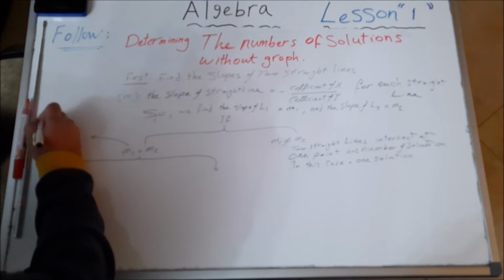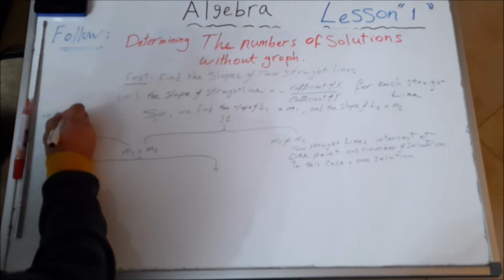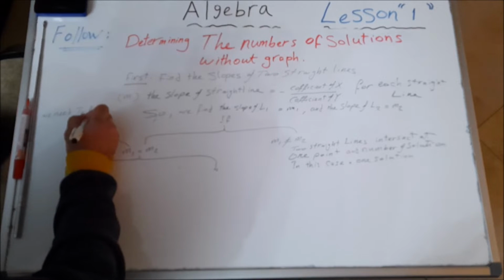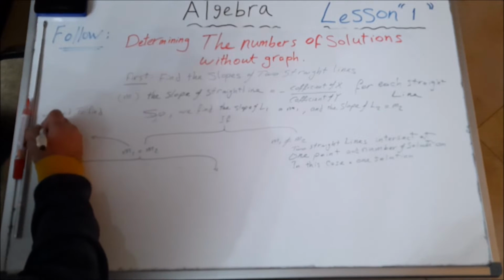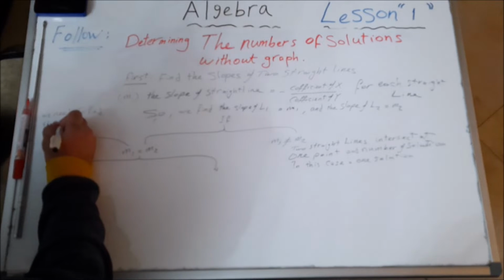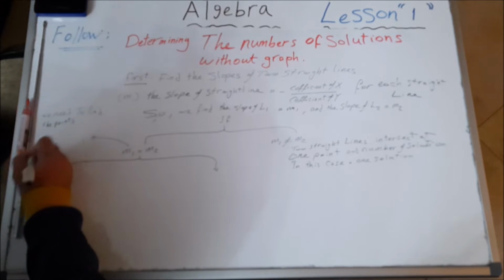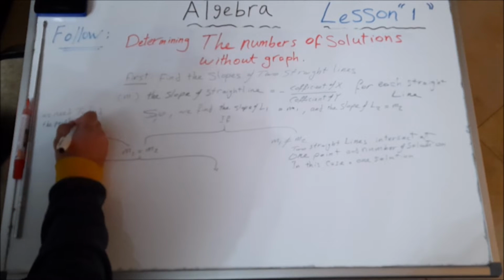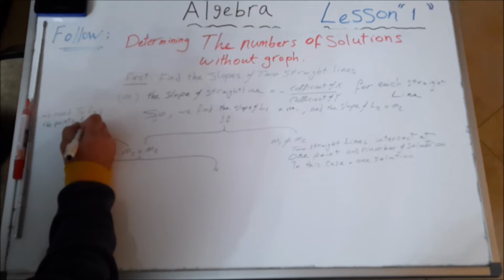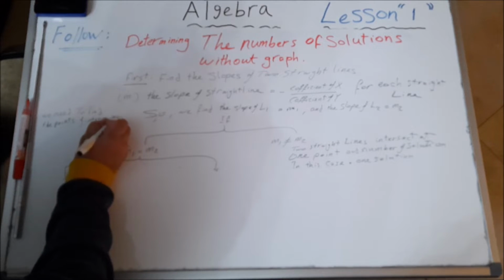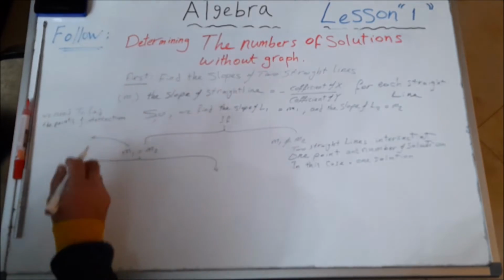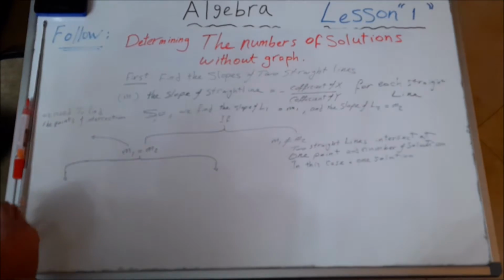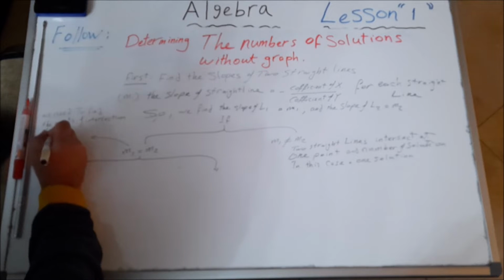We need to find the points of intersection of two straight line.